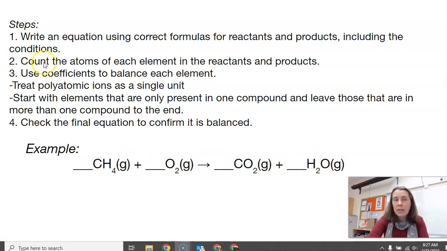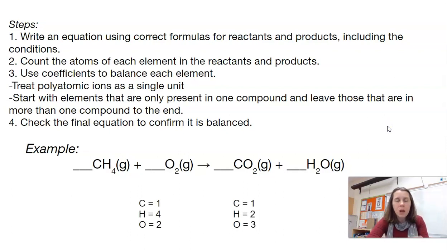Now we need to count the atoms of each element in both the reactants and the products. We're going to count them separately. On this side, we have just 1 carbon, and on this side, we also just have 1 carbon. You need to make sure you look at everything either to the left or to the right of the arrow. Over here we have 4 hydrogens, so that's a 4 there. And then we have 2 oxygens, which gives us 2 here.